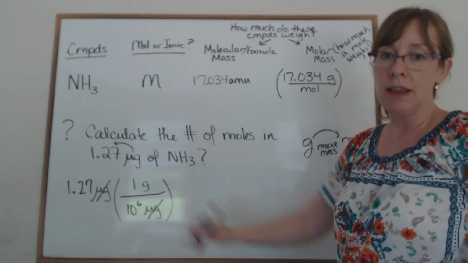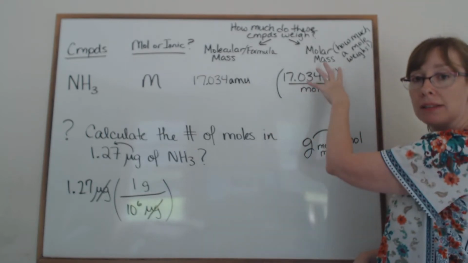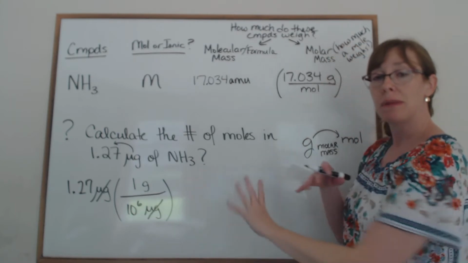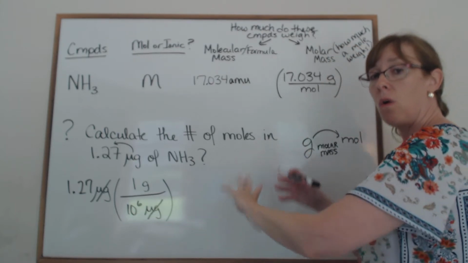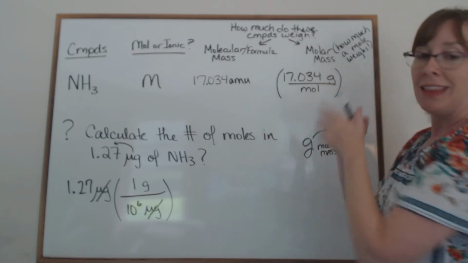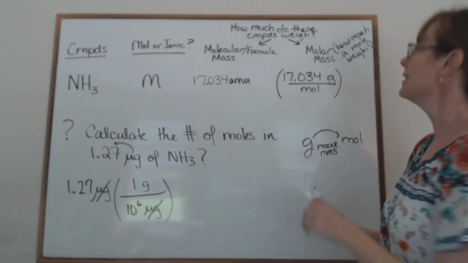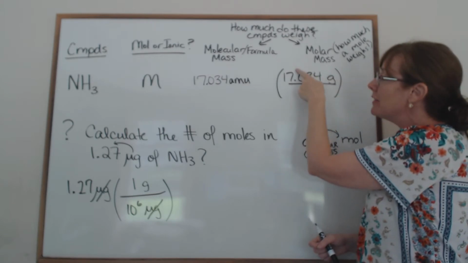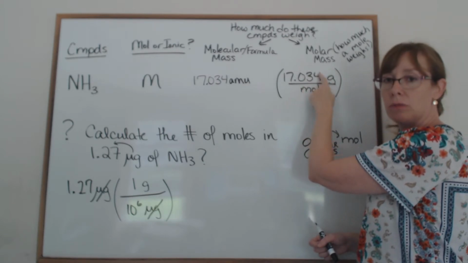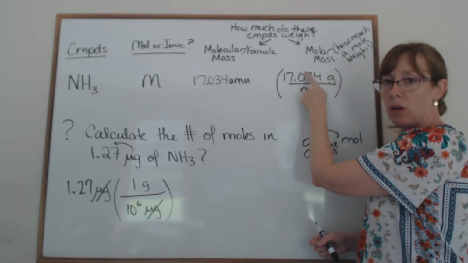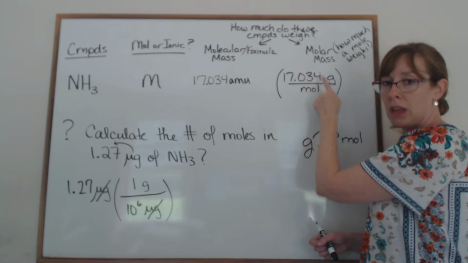Now we're in grams. Now we can use our molar mass. Do I use it right side up? Remember, conversion factors can always be used right side up or upside down. One thing some students will do by accident is flip the units but keep the number. That 17.034, the number is always with the grams. Never separate those two.